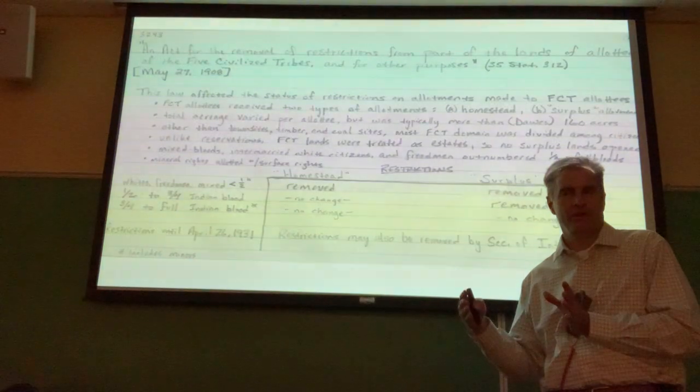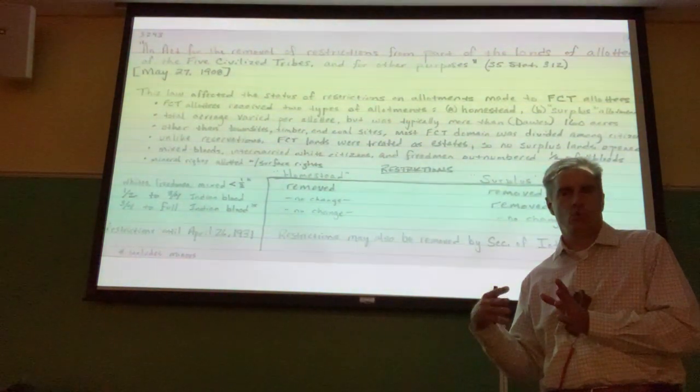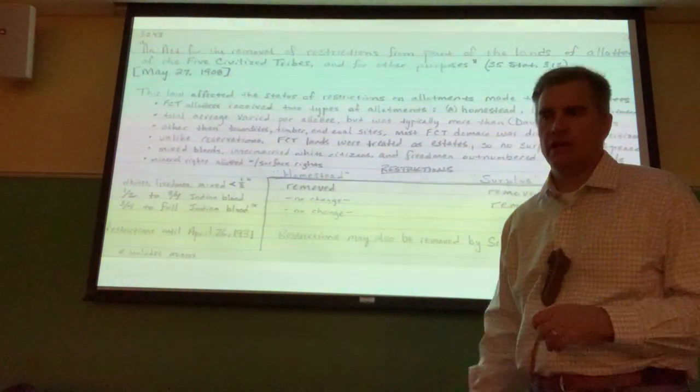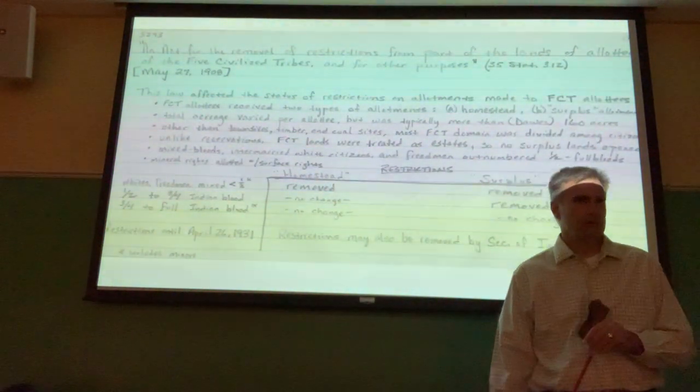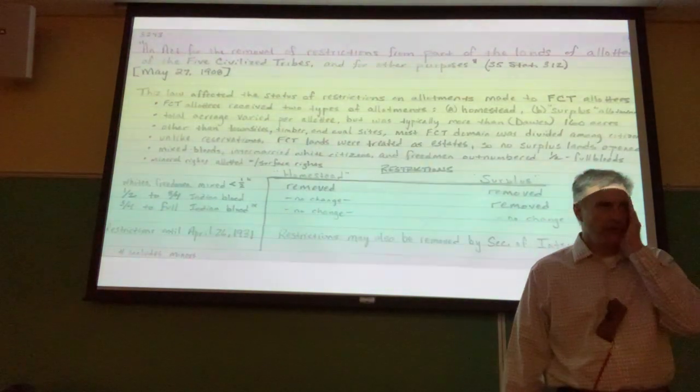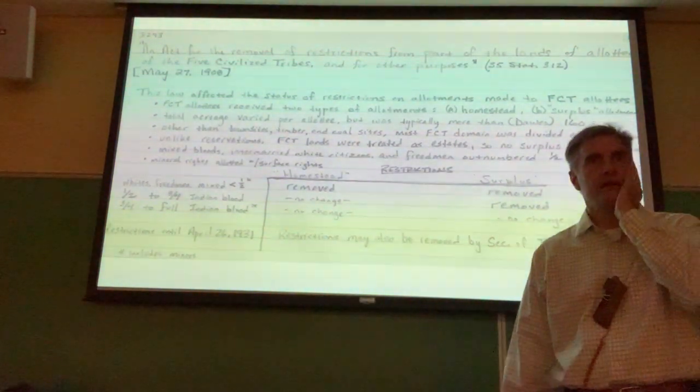how in the world did that work if the land was held in communal ownership in the 5 tribes area? Bizarre, isn't it? Ever stop and think about that?